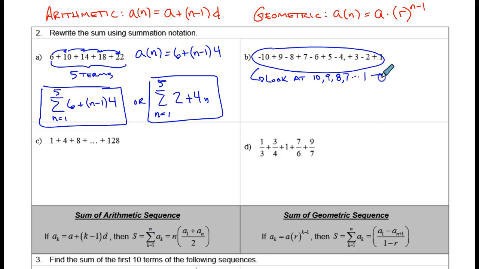That's an arithmetic sequence where the nth term equals 10, the initial term, plus n minus 1 times the common difference, which is -1. It's decreasing. So I can simplify that and say a sub n equals 11 minus n. If this were purely an arithmetic sequence starting at 10 and going down to 1, it would be 11 minus n.